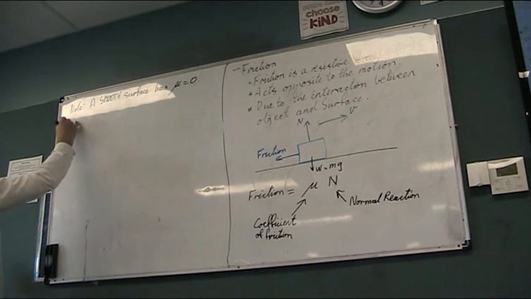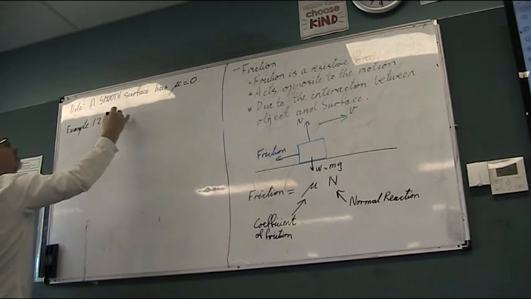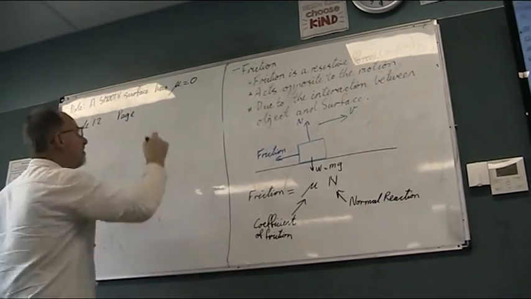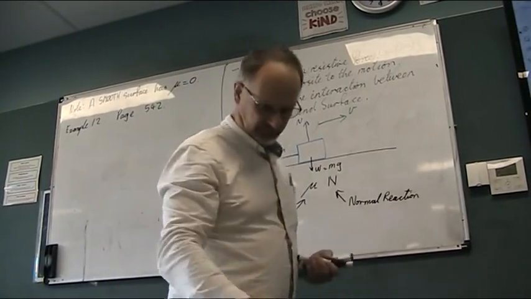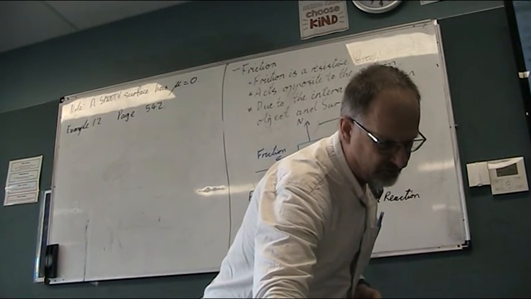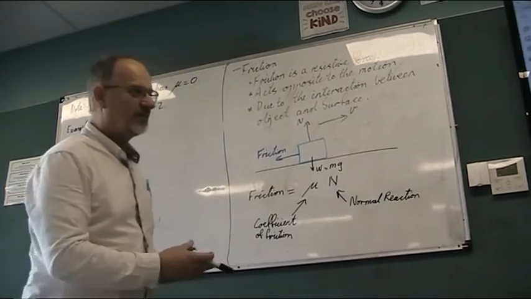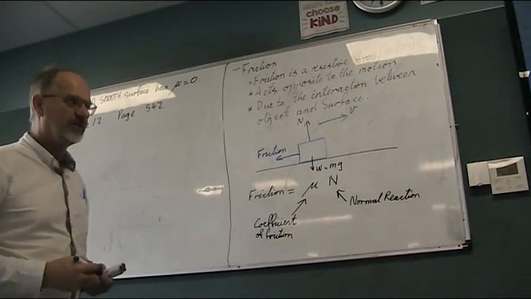Alright, example 12. There it is. Body mass 5 kilos, on a rough horizontal plane is pushed by a horizontal force 20 newtons for 5 seconds.